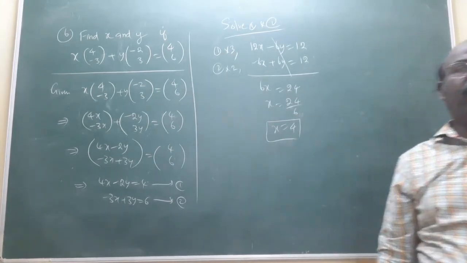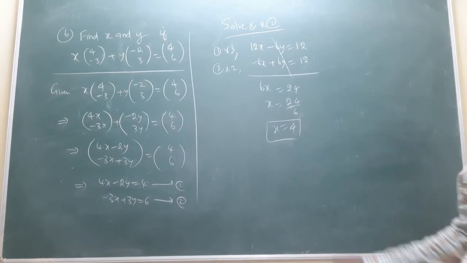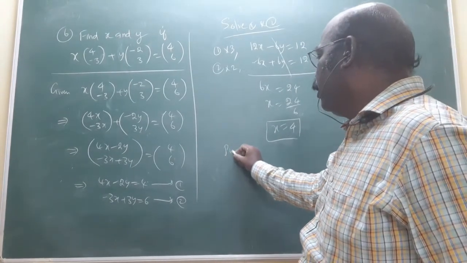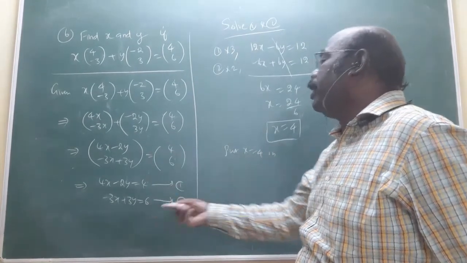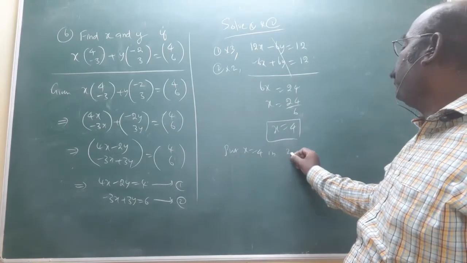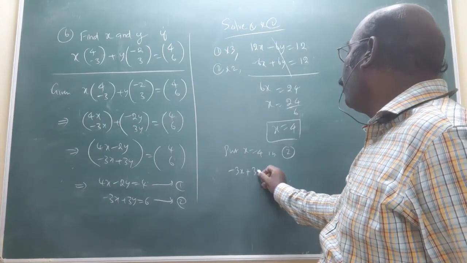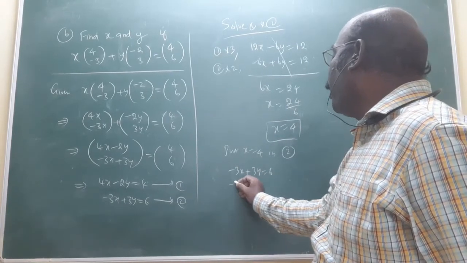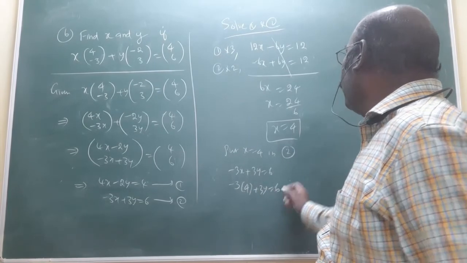You want x, no? 24 divided by 6, 4 is the answer. We want y also. Solve means find the value of x and y. Put x equal to 4 in any one of the equations, either 1 or 2. I am substituting in the second equation; that is easy for you. Now minus 3x plus 3y equal to 6 is the second equation. Minus 3 into x is minus 3 into 4, plus 3y equal to 6.